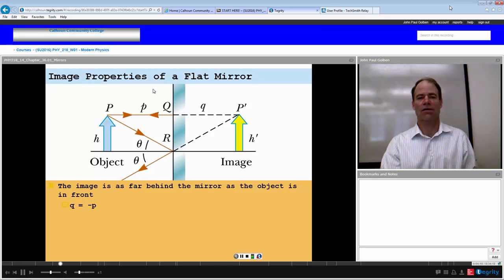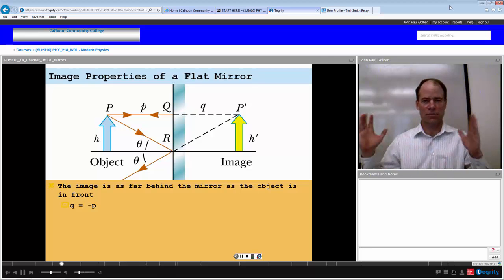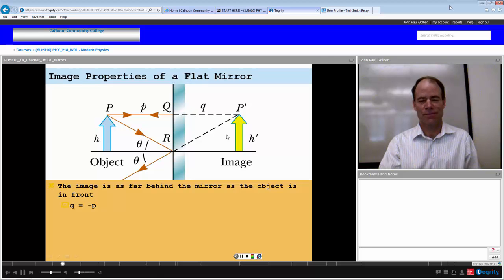Our object distance is on the same side as the incoming ray, so it's a positive value. But our image is behind the mirror, so it is not on the same side as the outgoing real ray. The outgoing real ray is on this left-hand side here. So our image distance is going to be negative, and in this case it's going to be equal to negative P. It's going to be the same magnitude value behind the mirror, but it's not on the same side as the outgoing ray.